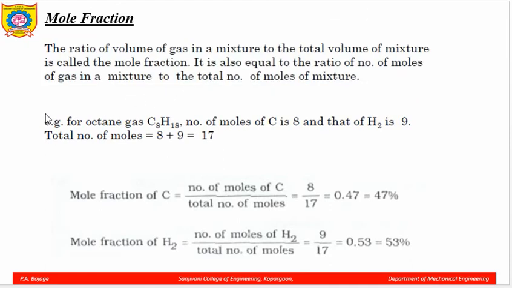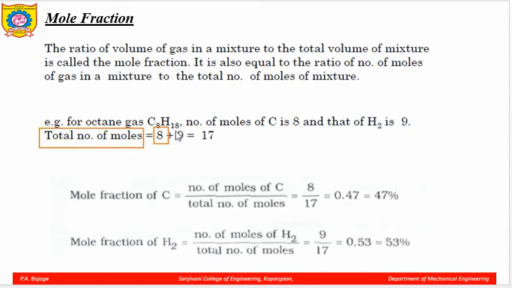If you consider, for example, octane, that is C8H18, the number of moles of carbon is 8, whereas that of H2 is 9. So, what is the total number of moles?